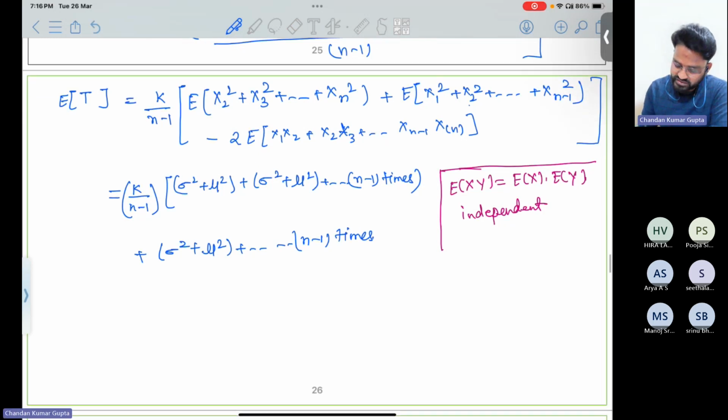And the last one is twice of expectation of x1 into expectation of x2.